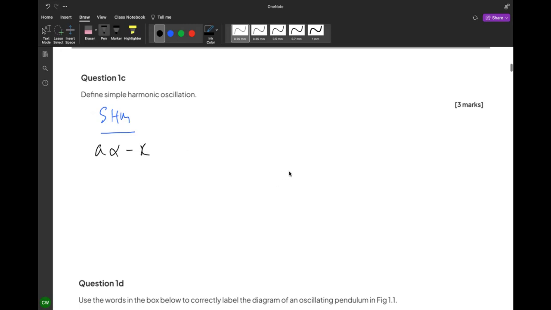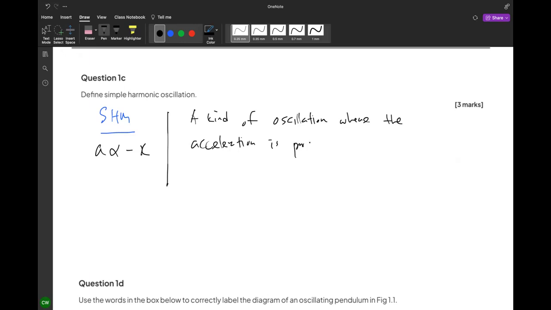So how do you describe this? It's a kind of oscillation where the acceleration is proportional to its displacement but acts in opposite direction.